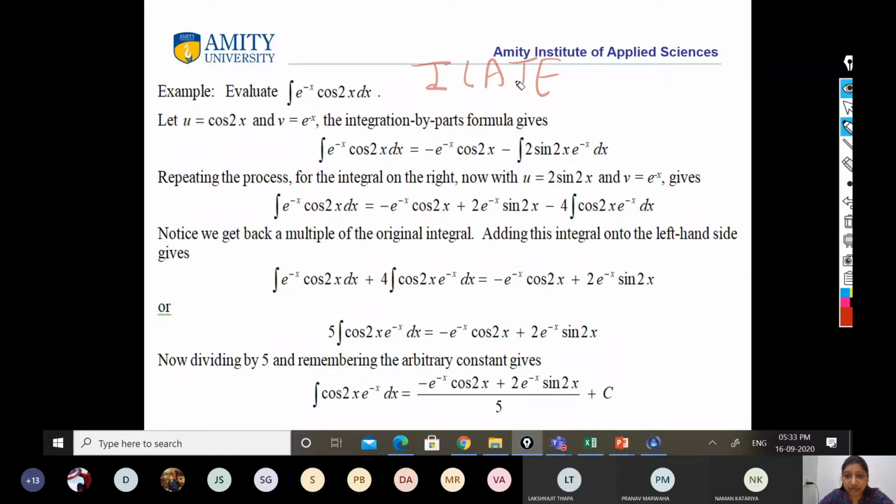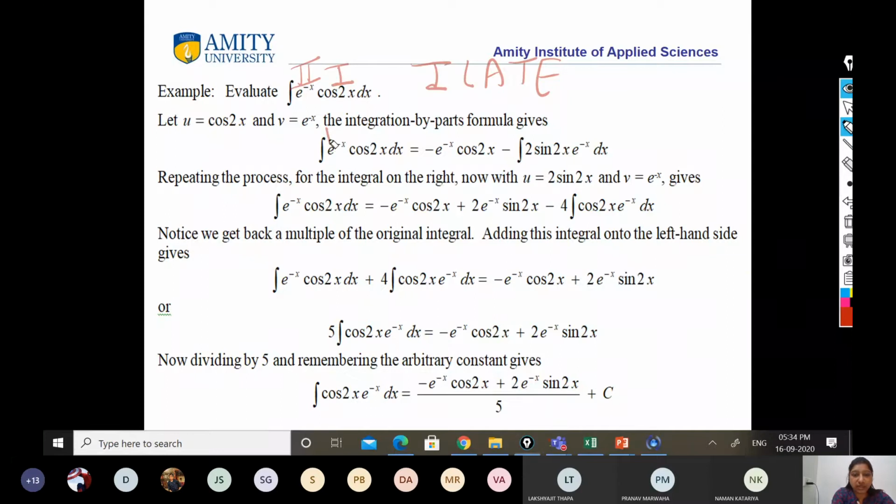The trigonometric function comes first in ILATE, so cos 2x is the first function and the exponential function is the second function. Accordingly, we take u, the first function, as cos 2x, and v, the second function, as e to the power minus x, and then we apply the formula.